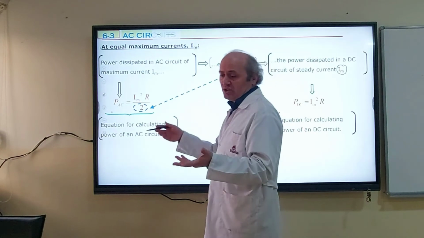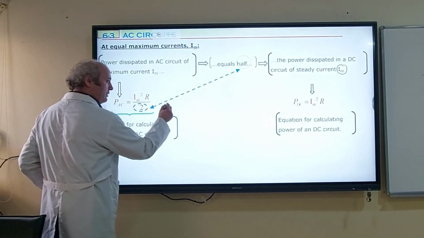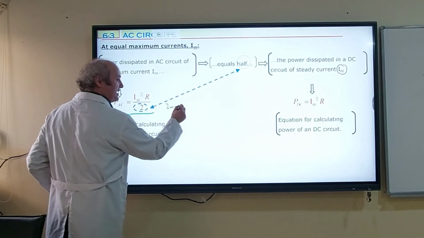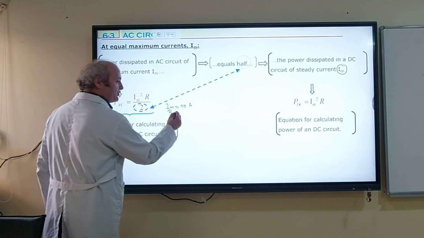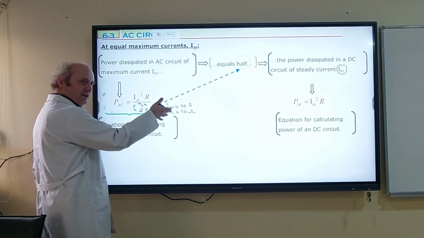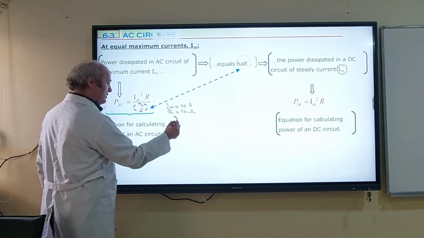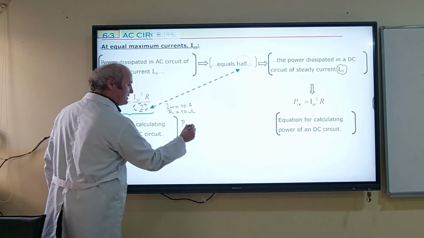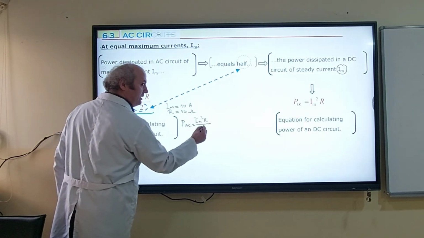Okay, such a question can be given to you. For example, the maximum current in an AC circuit is 10 ampere. What is the power of a resistor whose resistance is 10 ohm? Calculate it. It's an AC circuit, so I'm going to use this equation: power of AC is Im squared times R divided by 2.